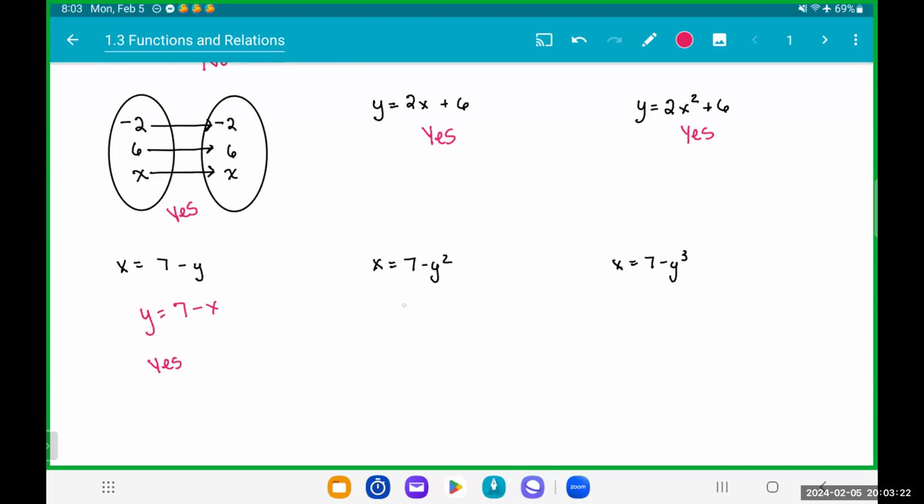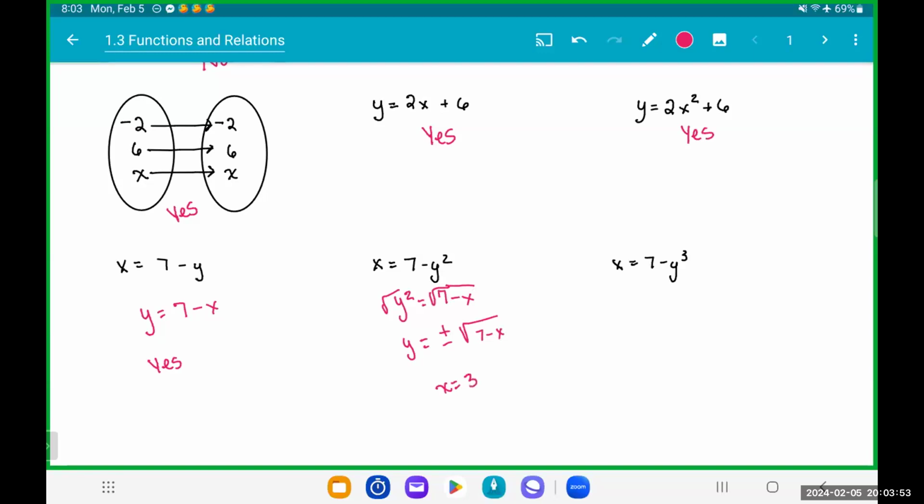This next one, I get Y squared is equal to 7 minus X. I'm going to take the square root of both sides, and I get Y is equal to plus or minus the square root of 7 minus X. So let's just say, for example, X equals 3.